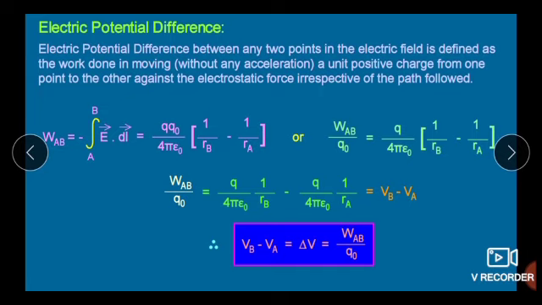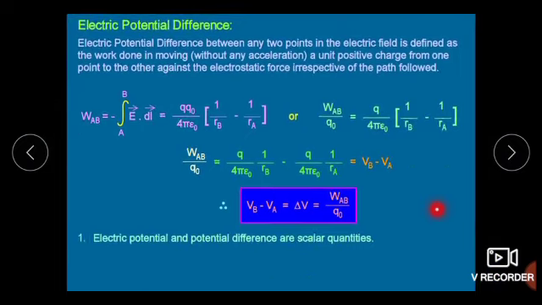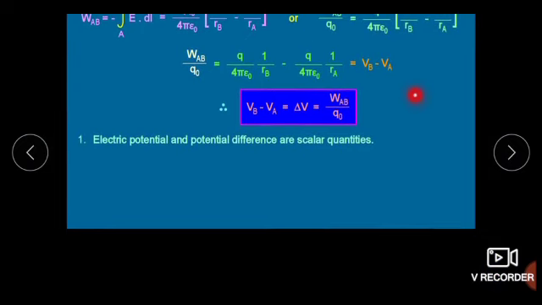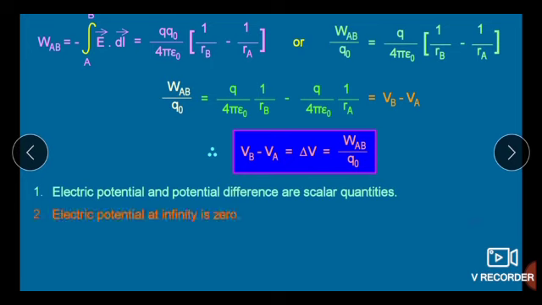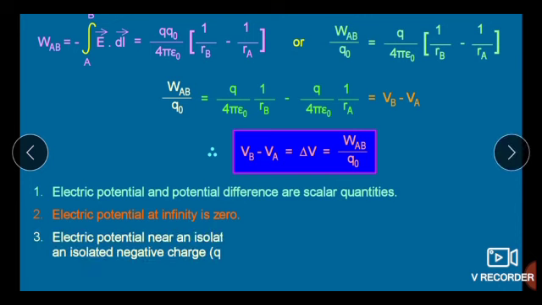Further, electric potential and potential difference are scalar quantities. Next, the electric potential at infinity is 0.